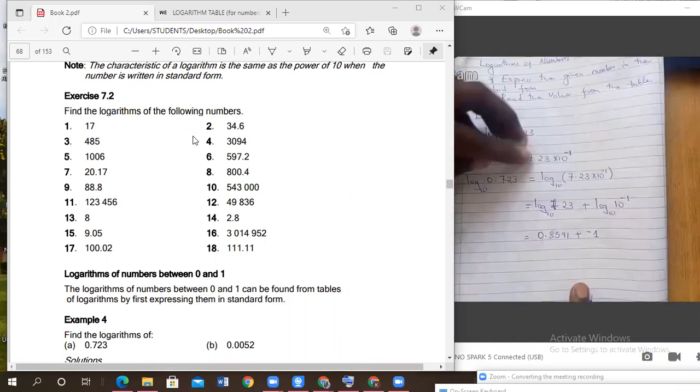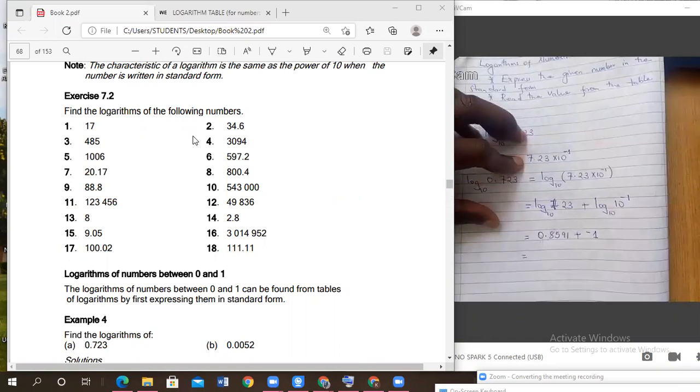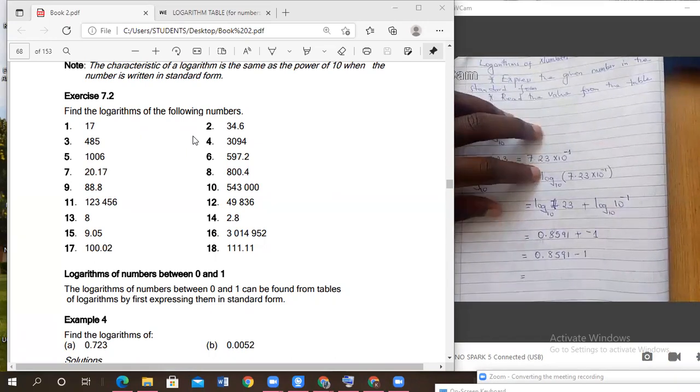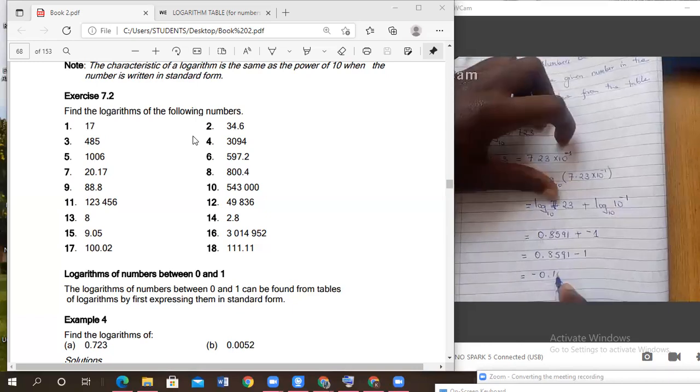So this is the same as 0.8591 minus 1. What do you get? Negative 0.1409.